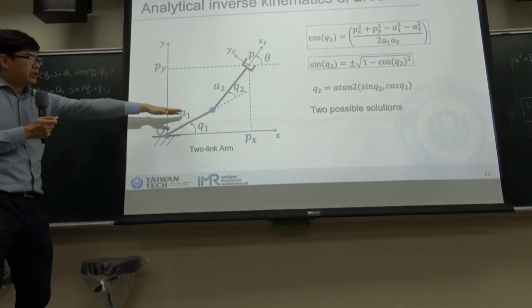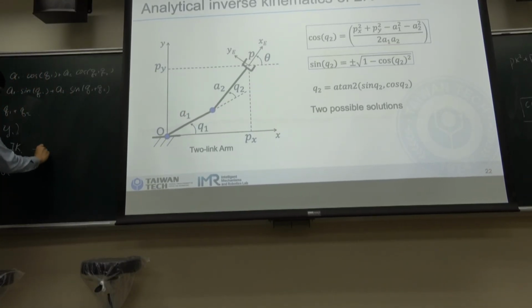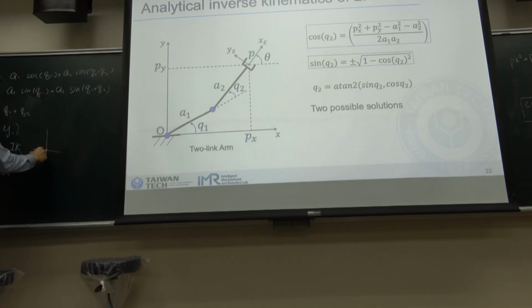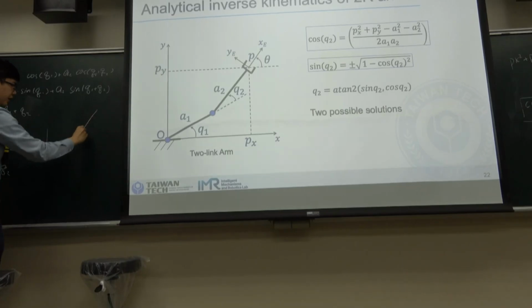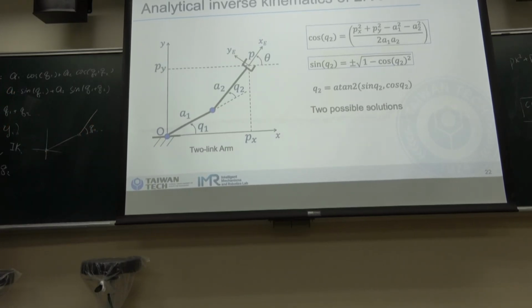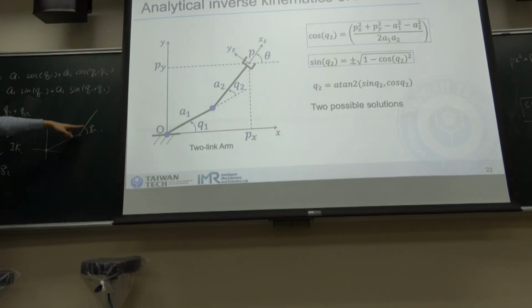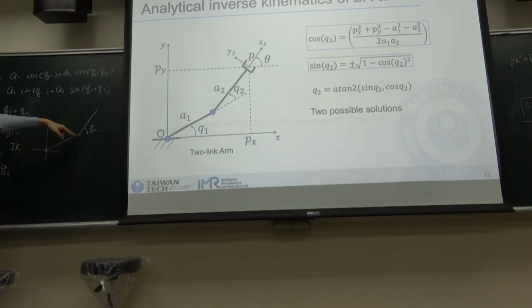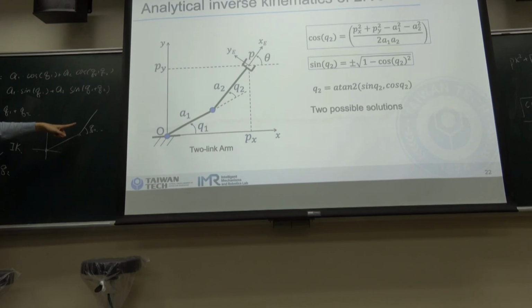So in geometric form, if we see this is 0, and here is q2. For this solution, is this q2 positive or negative?